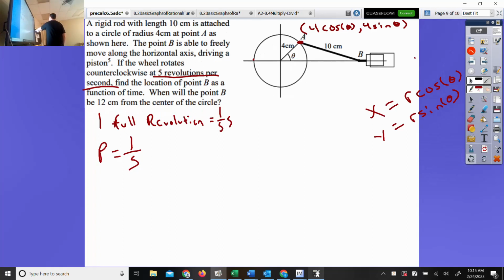I haven't done this problem, so this could be interesting. Do I need to modify theta any? I don't think I do. No, I don't.